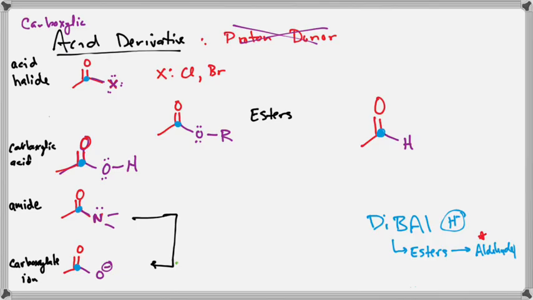Where should it be relative to the carboxylic acid? Ooh, is that a stumper? I think that's a stumper. Guess where it should be?